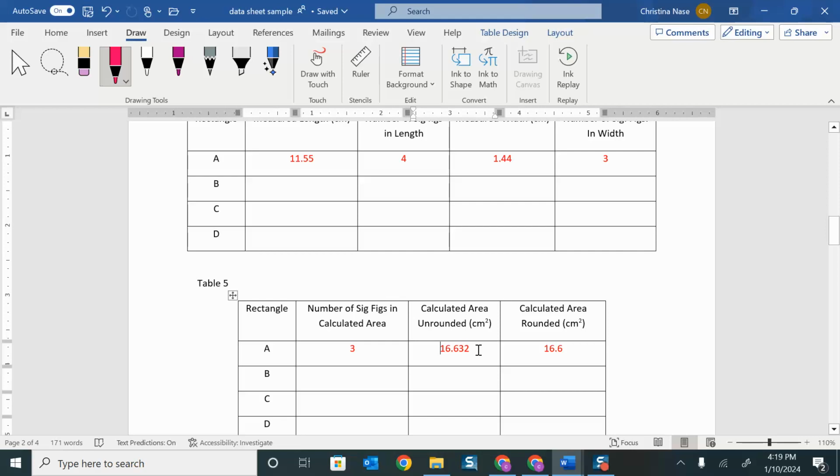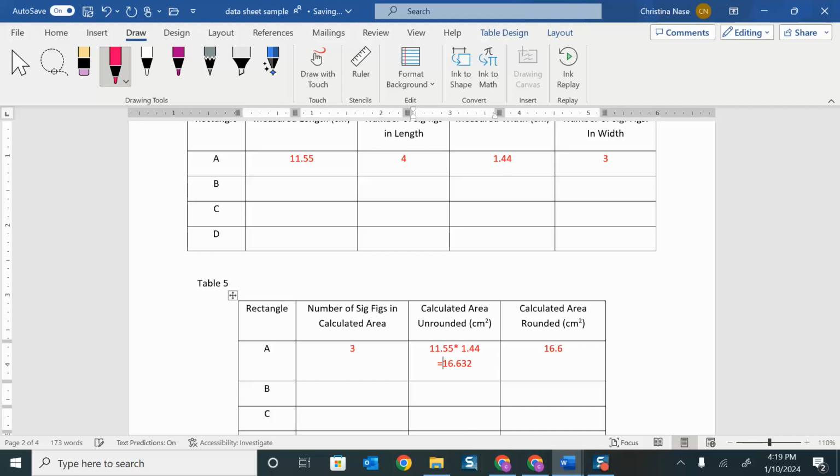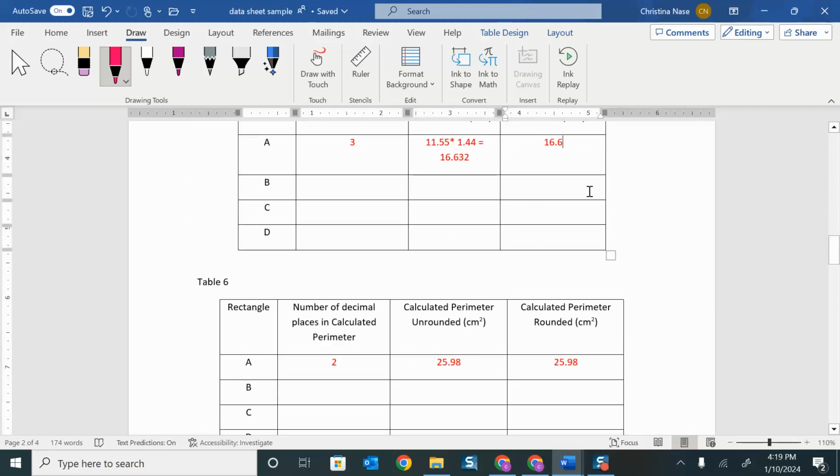To find the area, I'm going to multiply these: 11.55 times 1.44. I should get 16.63. If I round that to 3 significant figures, I look at this 3, which is less than 5, so I drop everything over here, and I end up with 16.6. So that's my rounded calculated area.